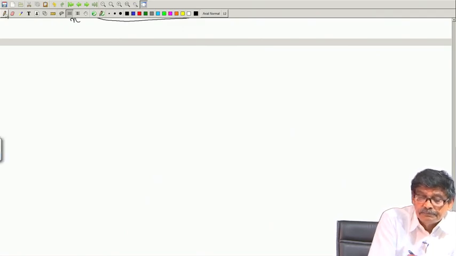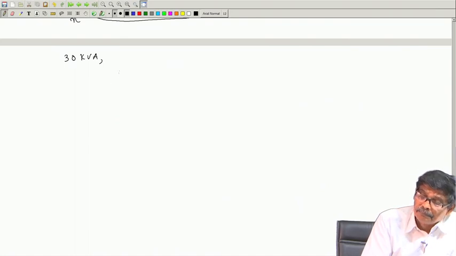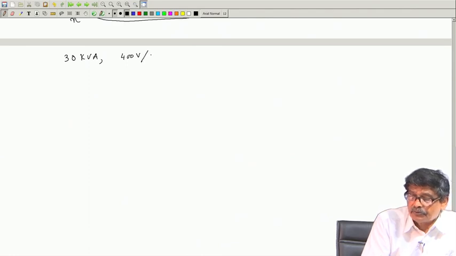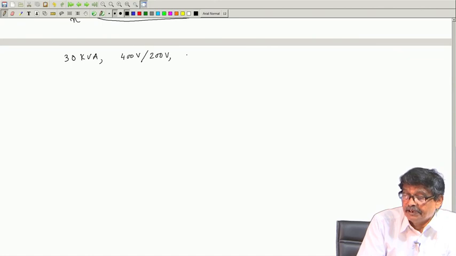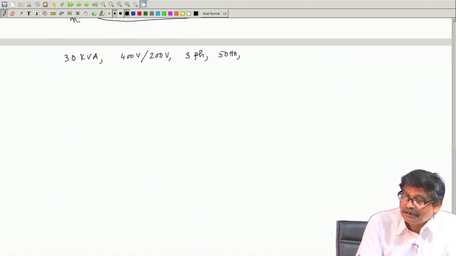Suppose I say the transformer rating is known, let me write some rating, suppose say 30 kVA, just writing some numbers, say 400 volt stroke 200 volt, 3 phase, 50 hertz transformer.